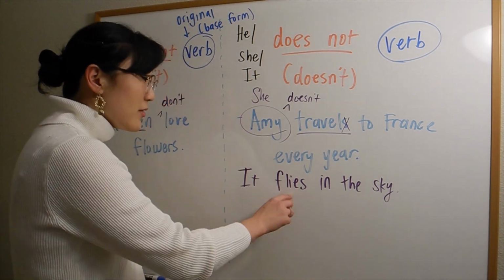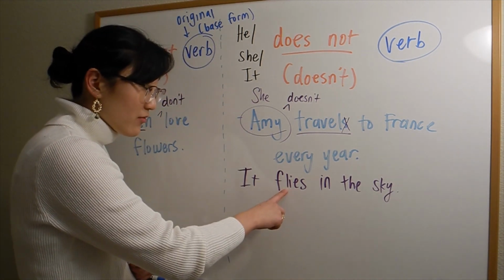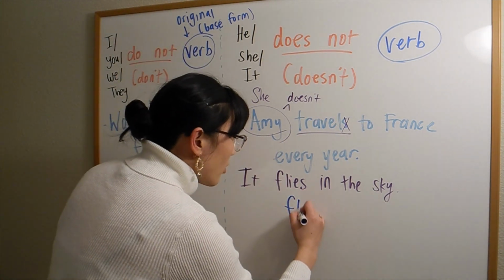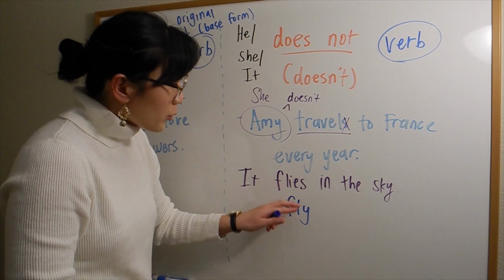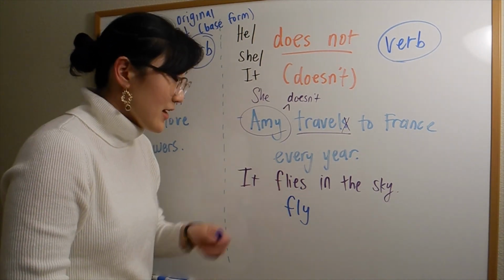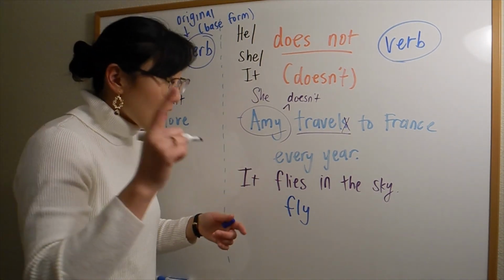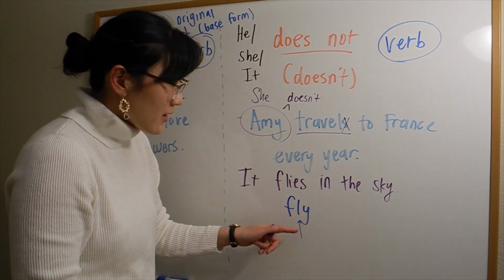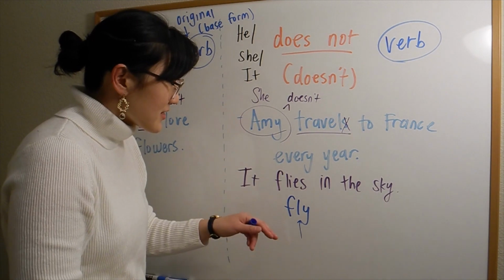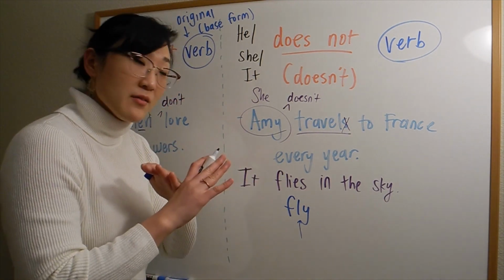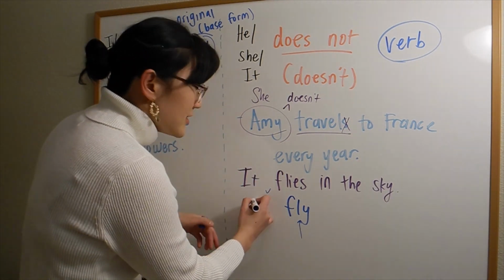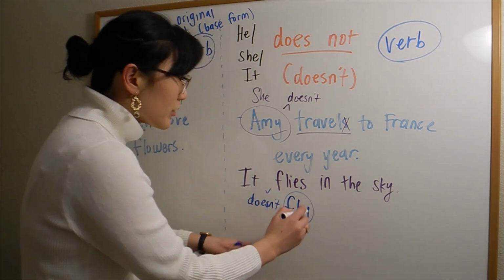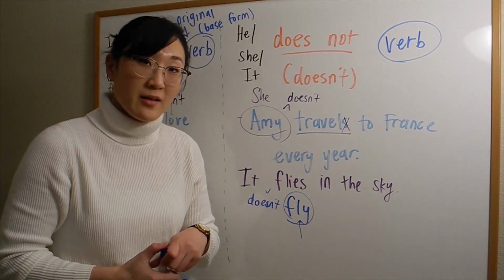You need to change the Y, because it's a consonant in front, that L, right? Let's look at that. So the original form of the verb is fly. We changed it to IES. Why? Because of this consonant before the Y. So if we have the negative, we need to say it doesn't fly. We need the original form of the verb, okay?